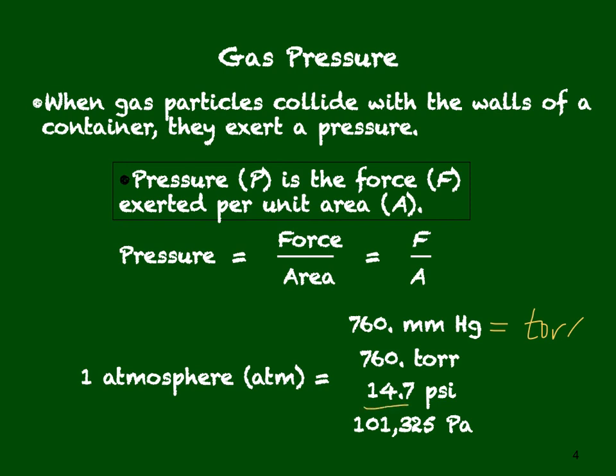We also have the more familiar PSI. That's pounds per square inch. And 1 atmosphere is 14.7 psi. You'll often see PSIs listed on things like your tires. And then we have the actual SI unit, and that is the Pascal. 1 atmosphere is equal to 101,325 pascals, or 101.325 kilopascals.